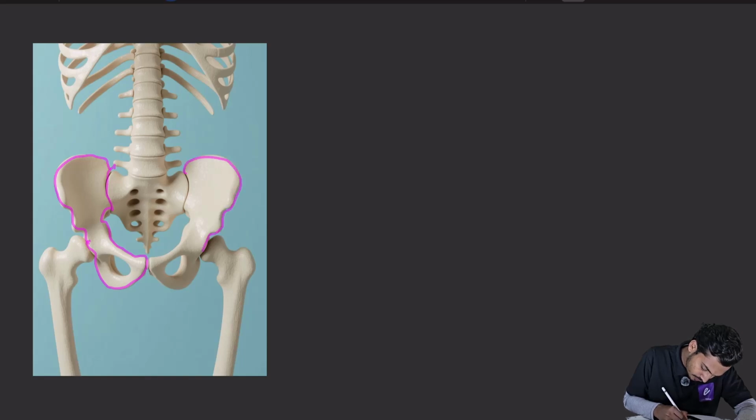This is another bone, and this is a third bone.